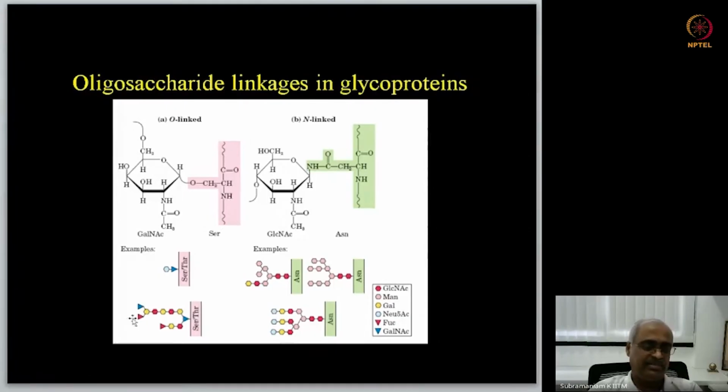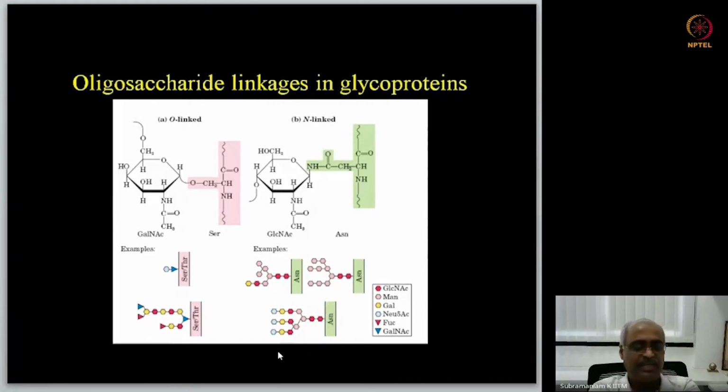And here are some examples. These are specific carbohydrates attached. Each one is color coded and explained here: mannose, galactose, N-acetyl neuraminic acid, fucose, and so on. You see they all have specific sequences, and these specific sequences can therefore have specific codes.